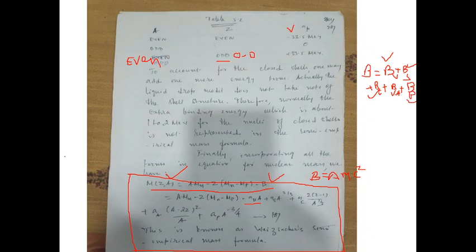It's also called semi because, remember, for the asymmetry term we have deviated from the liquid drop concept. We were talking about energy levels, which is not the case for liquid molecules. So this is called Weizsäcker's semi-empirical mass formula.